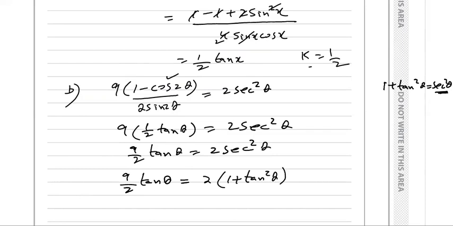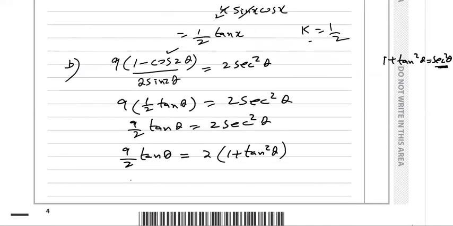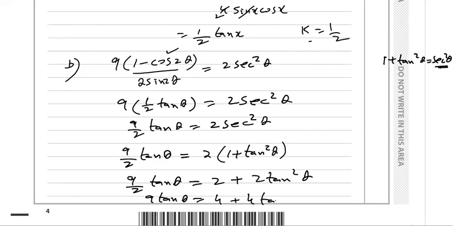And then let's simplify that one. It will become 9 over 2 tangent of theta equal to 2 plus 2 tangent square theta. Multiply by 2 on both sides. I will have 9 tangent of theta equal to 4 plus 4 tangent square theta.